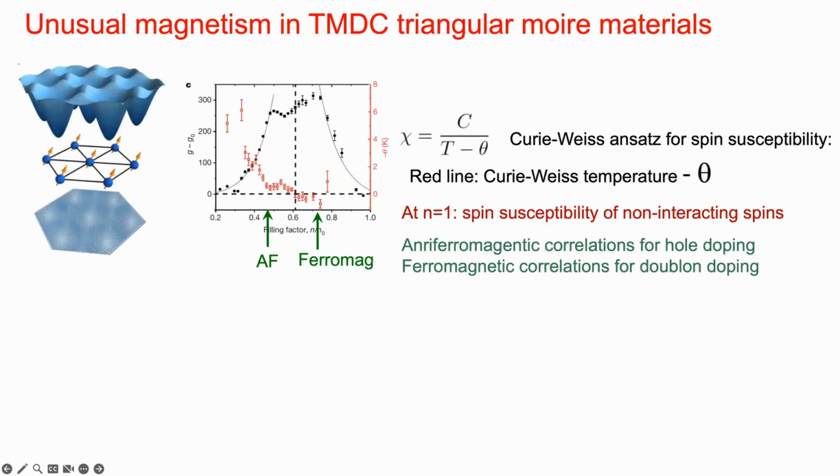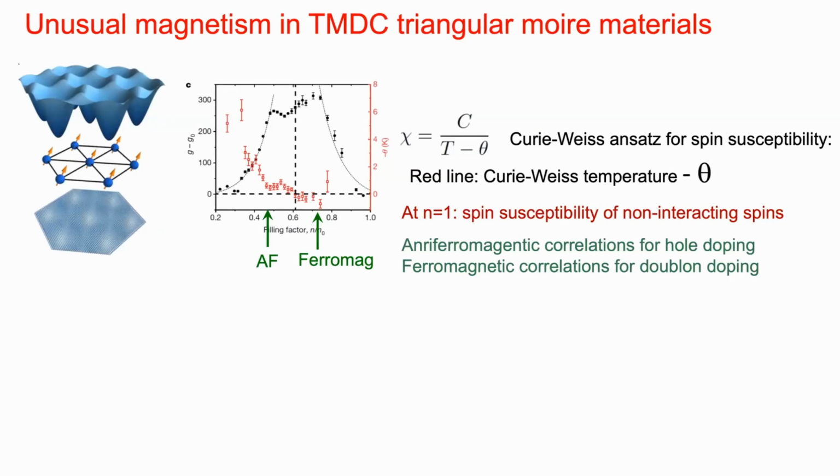So these are experiments at Cornell, and they were looking at magnetism close to the Mott insulating state at n=1. And they chose to represent spin susceptibility in this Curie-Weiss ansatz. You see that theta actually represents the effect of interaction. So this form is usually designed to describe magnetism of localized magnetic moments.